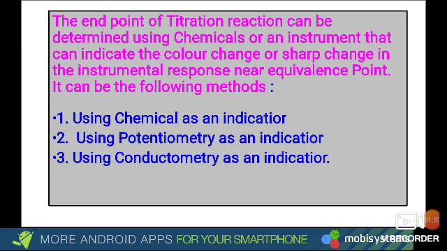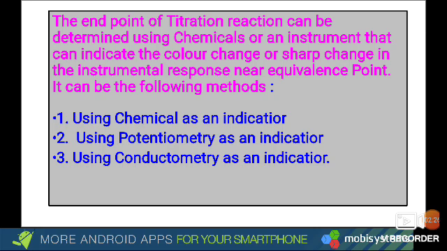So in this case, first we have discussed the chemical as an indicator, in our last lecture. If you add that particular chemical which acts as an indicator near the equivalence point, it will show a sharp color change. Before the equivalence point and after the equivalence point, it has a different color, and that will indicate the actual color change, so we can find out that the reaction is completed.